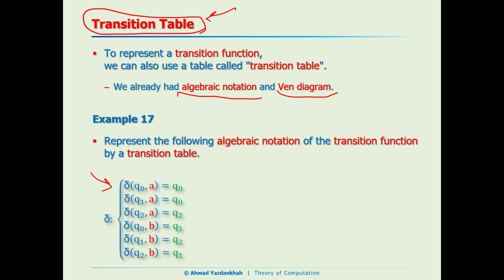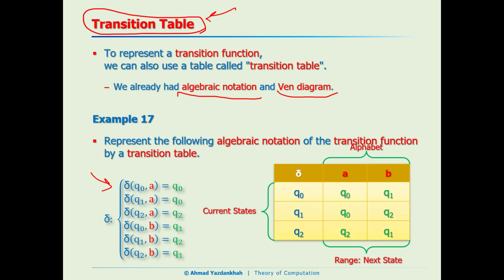All right. So how can we create a transition table for that? We create this table like this. This is the name of the function. These are the alphabet, and these are the set of the Qs, or states, right? And how do we represent every sub-rule of this delta function?